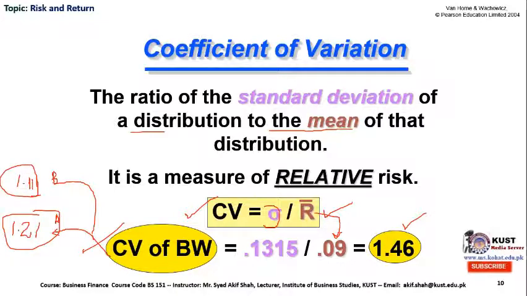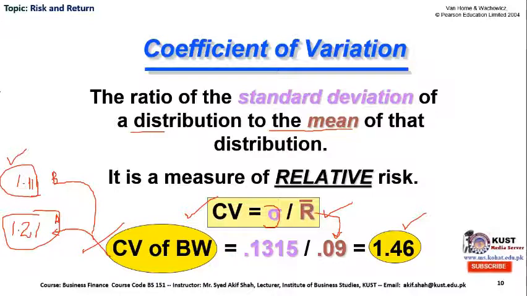If the investor is going to select amongst the different investment opportunities on the basis of coefficient of variation, then the investor's choice will be to select that stock for investment whose coefficient of variation is less than the other stocks, because the relative measure of risk explains that with the increase of each unit in the expected return, there is a smaller increase in your standard deviation or risk factor.